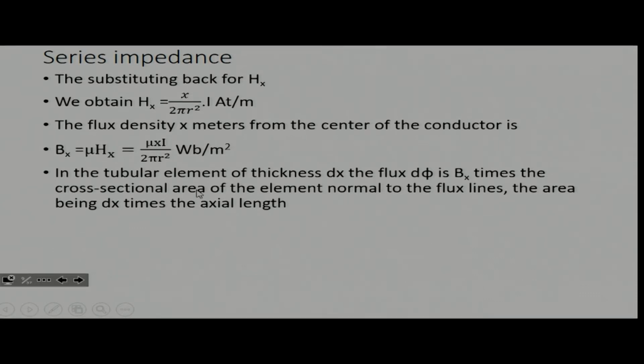In the tubular element of thickness dx, the flux d phi is Bx times the cross-sectional area of the element normal to the flux lines, the area being dx times the actual length. So there we have the equation. D phi is equal to mu x I over 2 pi r squared times dx.